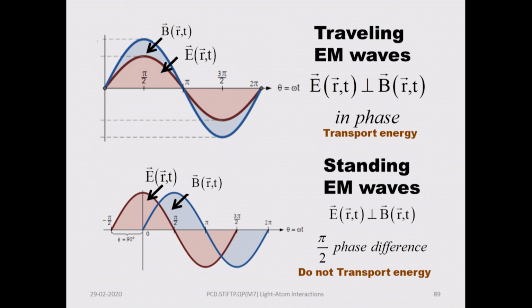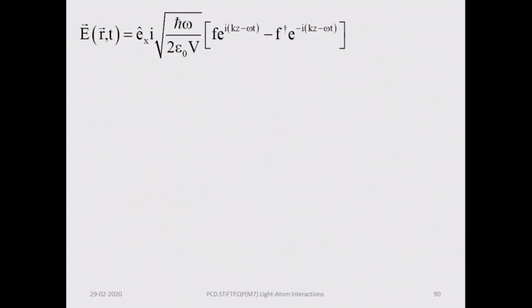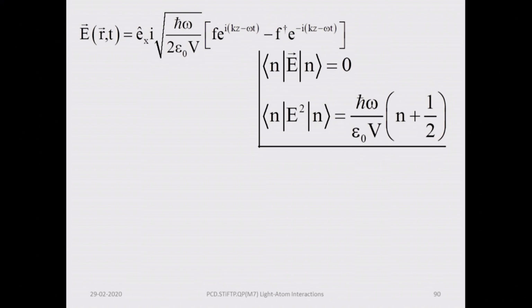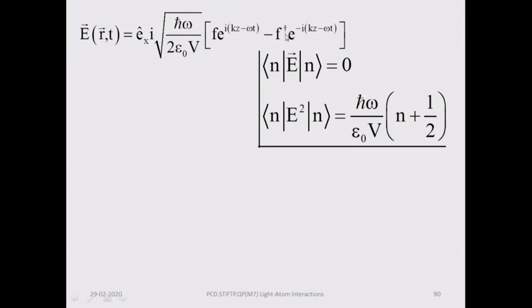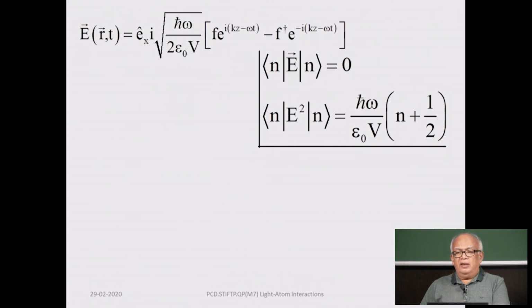So, you have this out-of-phase relationship between E and B, and now you have written the electric field and the magnetic field in terms of the creation and destruction operators. You can immediately see that the expectation value of the operator E, this is now the second quantized operator, in an occupation number state will be 0, because F dagger will create a particle which will be orthogonal to the previous state, and F will destroy a particle which will also be orthogonal to the previous state, right.